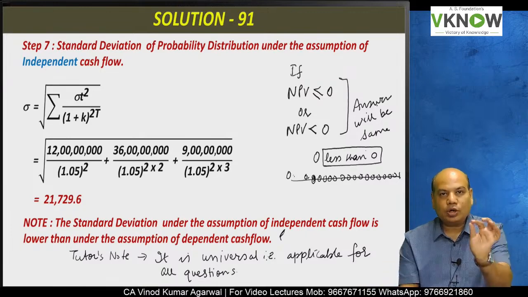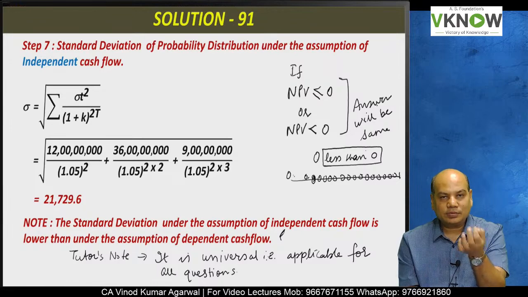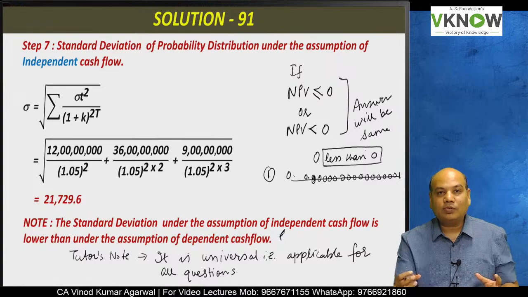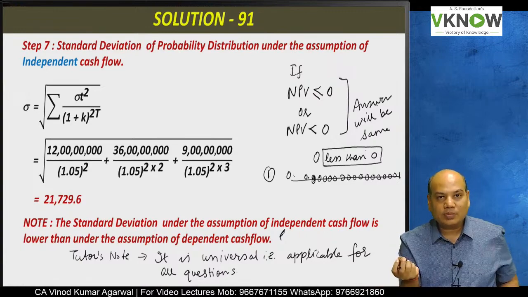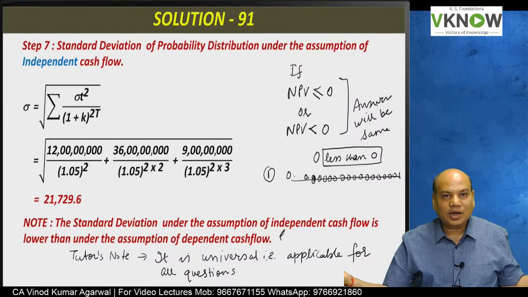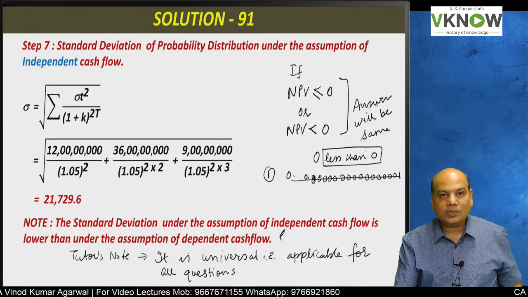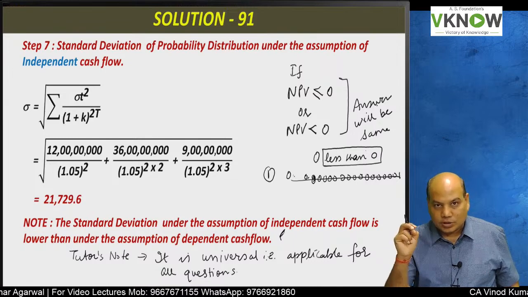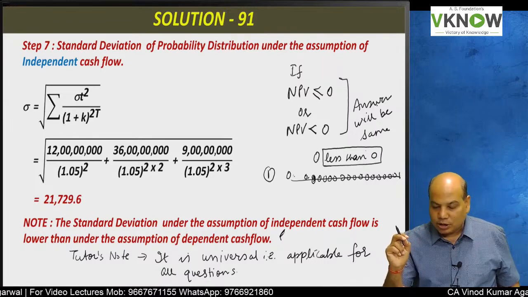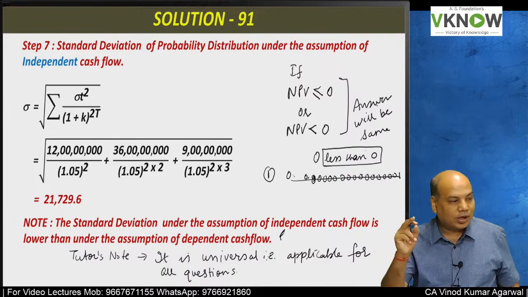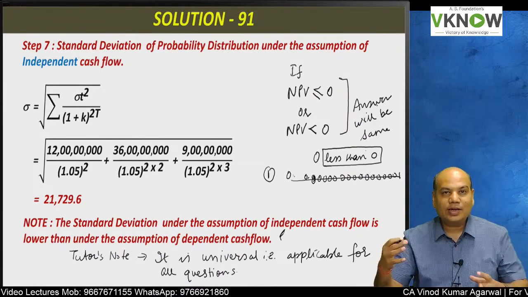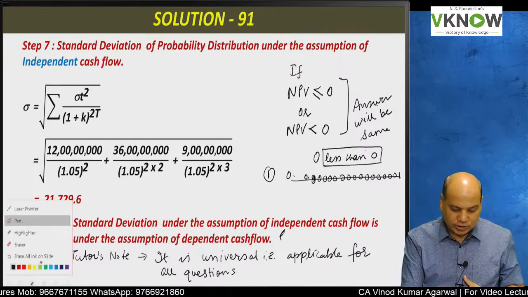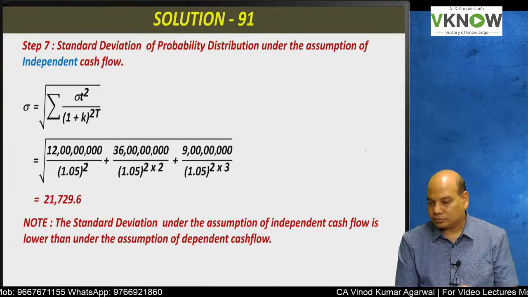The probability of one individual number, one single number, let us say we have to find probability that NPV will be 1, just one number out of infinite possibility, in that case the probability becomes 0. Is it right? So therefore the difference between the probability of NPV less than 0, NPV less than equal to 0, that difference is 0. So answer is going to be same. So don't overstretch. Is it right?